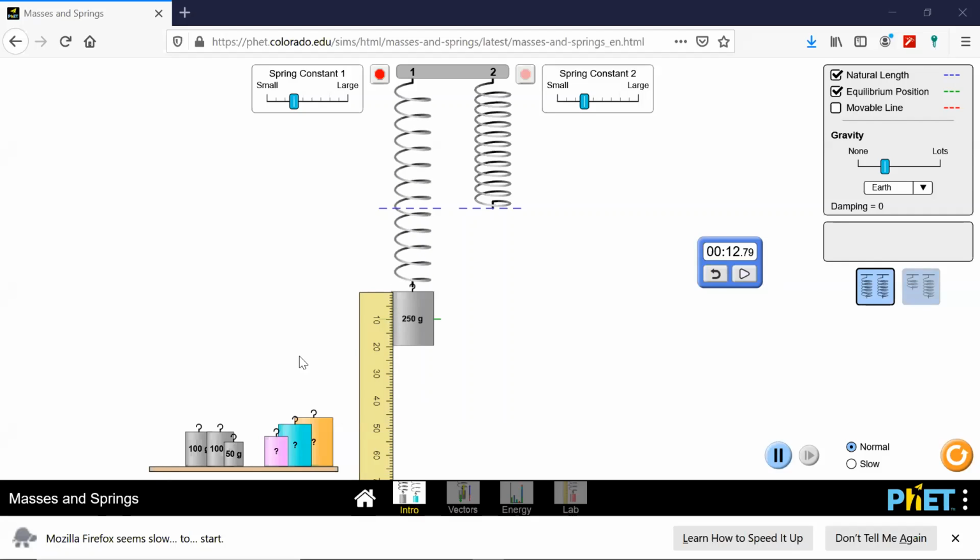So the time it takes for 10 cycles to occur divided by the number of cycles gives you the time needed for just one cycle to take place. And that's 1.279 seconds. Okay, so that's our period.